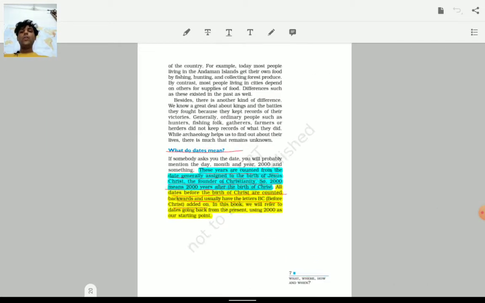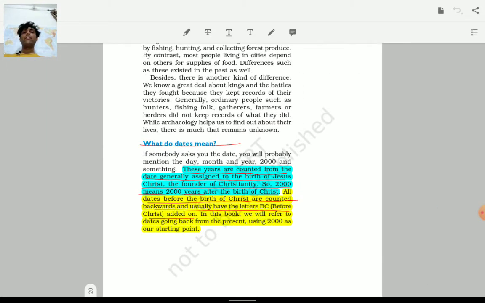Okay, so what do dates mean? It is important when we are reading about history, so dates play an important role. So it is important to understand the dates here as well. These years are counted from the date generally assigned to the birth of Jesus, the founder of Christianity.